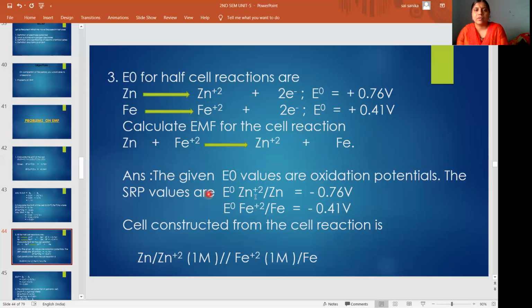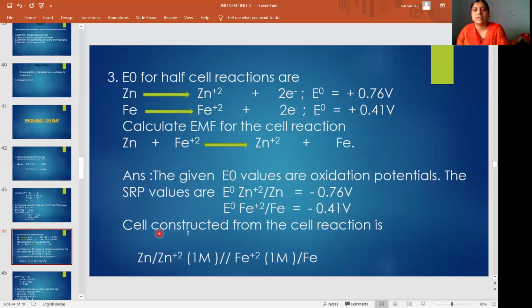If it is plus, it will be minus; if it is minus, it will be plus. So here plus 0.76 is the oxidation potential, and the reduction potential will be minus 0.76 volts. Here also the oxidation potential is plus 0.41 volts, so the reduction potential is minus 0.41 volts.